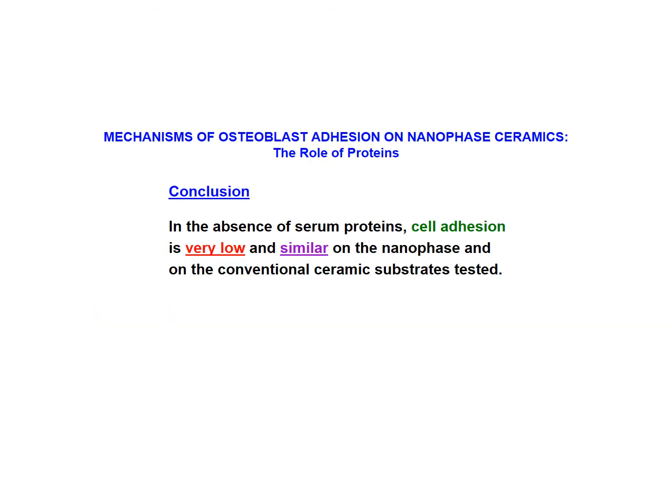I'm repeating the conclusion of these experiments in words on this slide because I want to emphasize the results. In the absence of serum proteins, cell adhesion was very low and similar on the nanophase and the conventional ceramic substrates tested, and for all types of cells tested in this particular study.